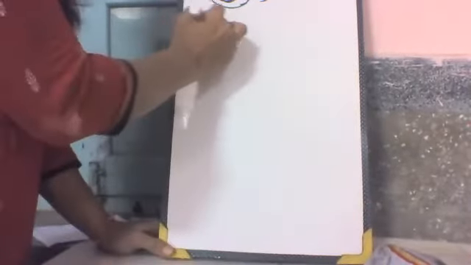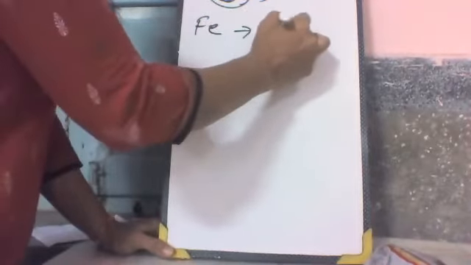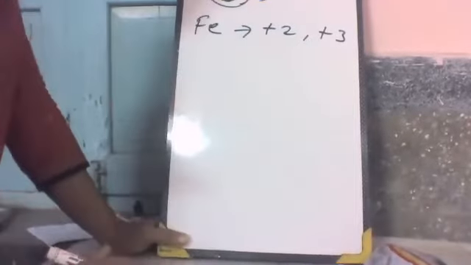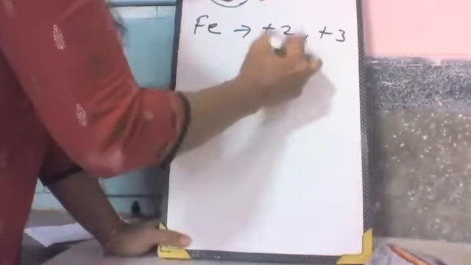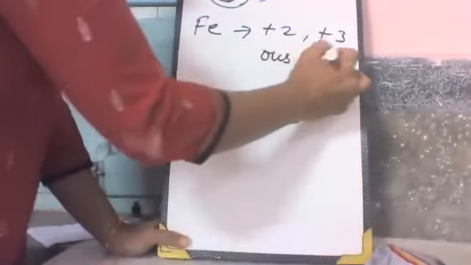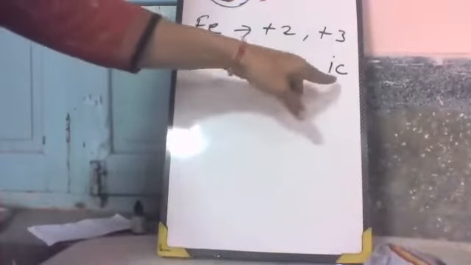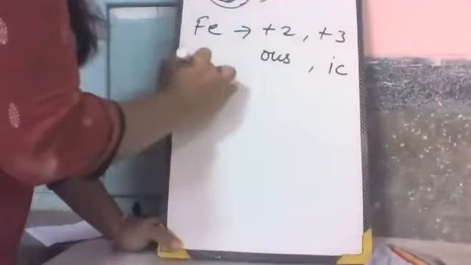In some cases, suppose iron is showing +2 and +3 valency. If it is +2 valency, then the suffix -ous is added, and if it is +3, which is more than 2, the suffix -ic is added. So what is the name?